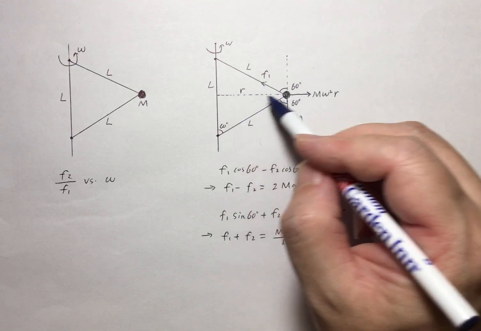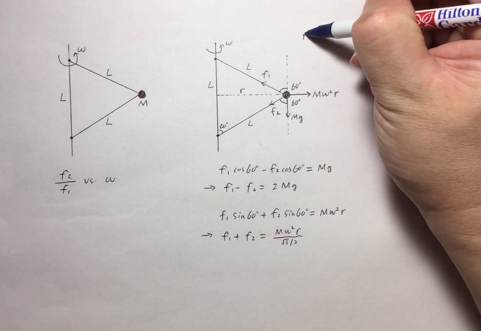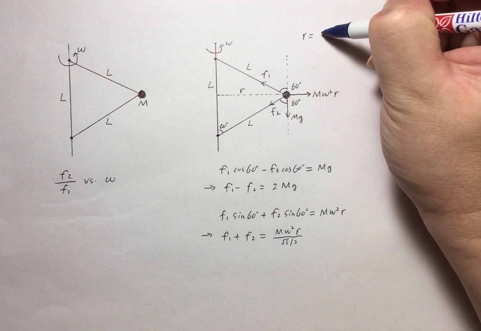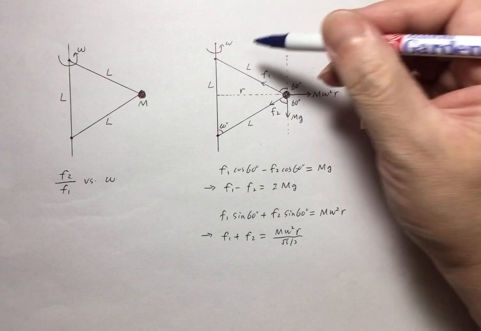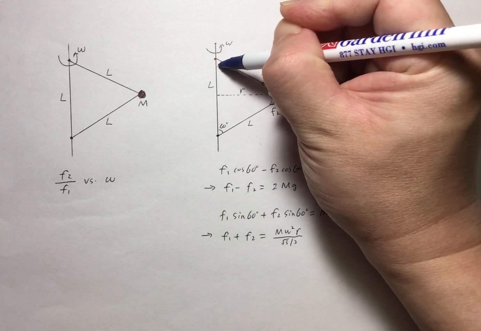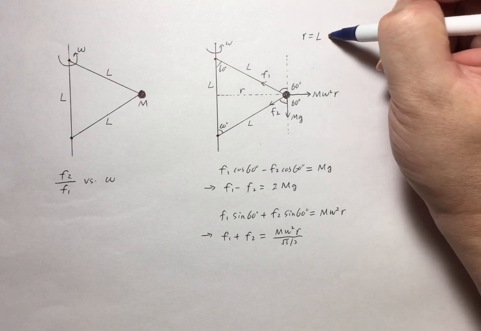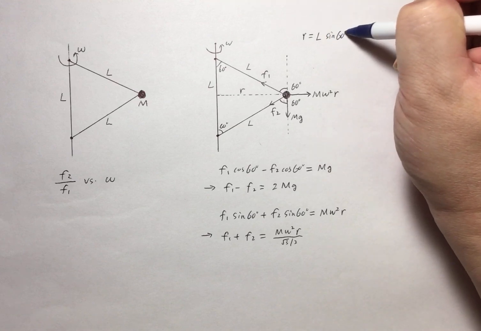But we know r. Here, with this 60 degree angle and side L, R is L sine 60 degrees.